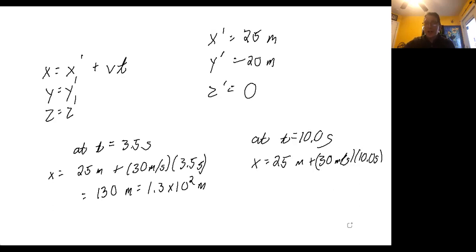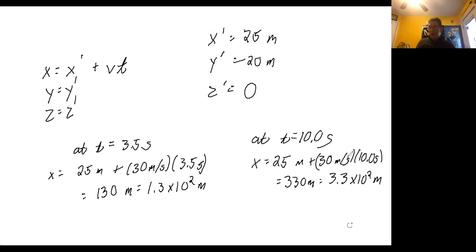So this is 300, and you add them together, you get 325. But you only know your answer to two significant figures, so you could write that as 330 meters rounding up, or 3.3 times 10 to the 2 meters, so that it's understood that this 0 is not significant.